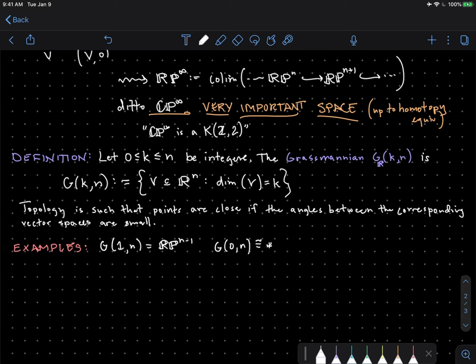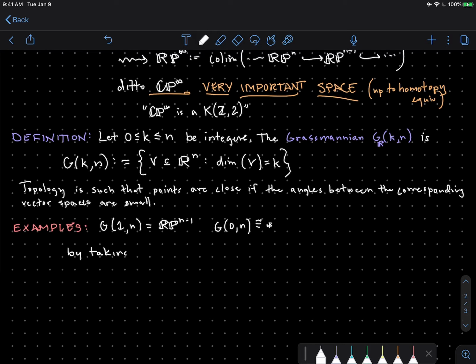An important example is by taking orthogonals. So that is the map that sends a vector space V to the space of all W in Rn such that W dot v equals 0 for all v in V. So that's that function.